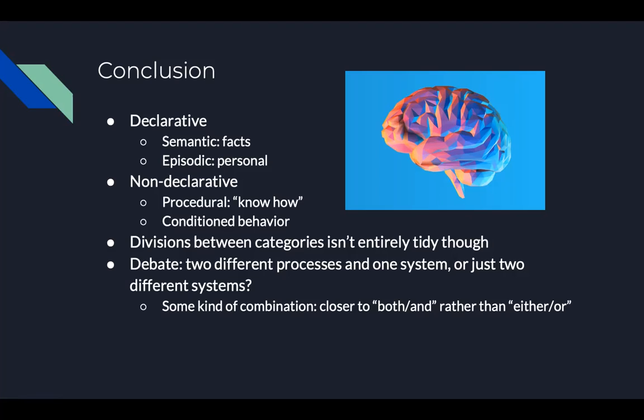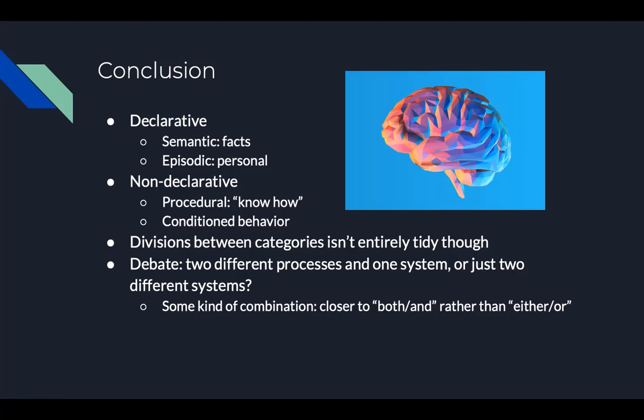Are there two different processes that draw on the same structures in the brain, or are there two totally different sets of structures? Interestingly enough, the research that we've covered has suggested it might be more of a happy medium of these two ideas rather than an either-or answer.